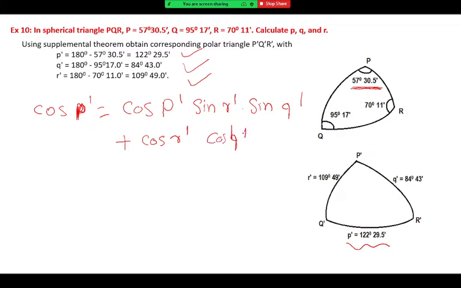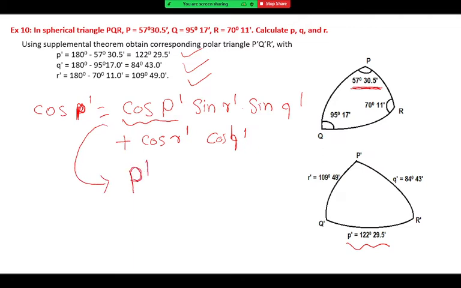Yes, good. So that's a formula we can use. Just replace the angles, and with this formula we will get the value of this capital P dash.